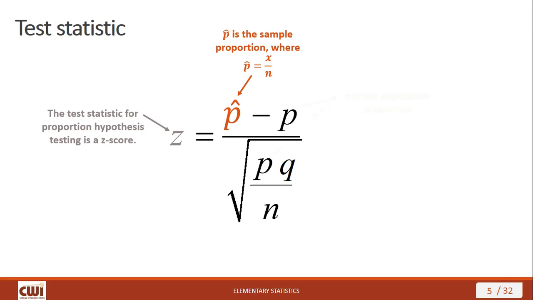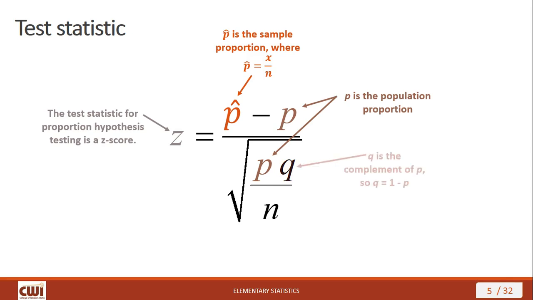Next we have little p, which for purposes of calculating the test statistic is the population proportion. Notice that q is the complement of p. So q is going to be 1 minus p. And then of course n is our sample size.